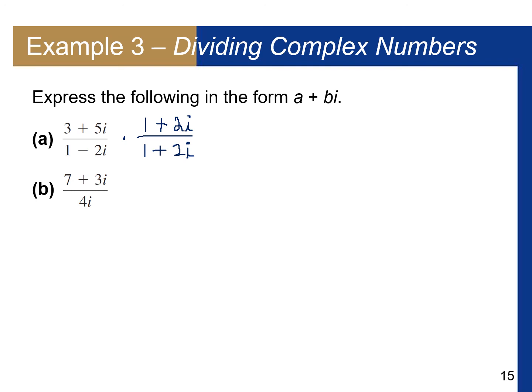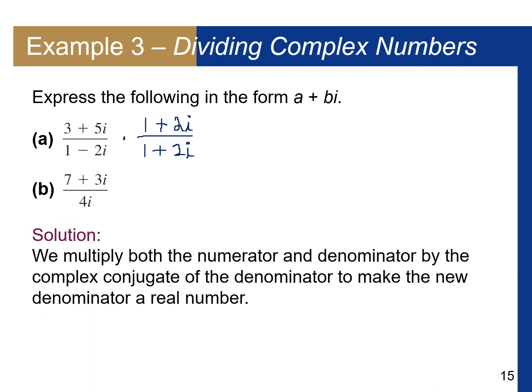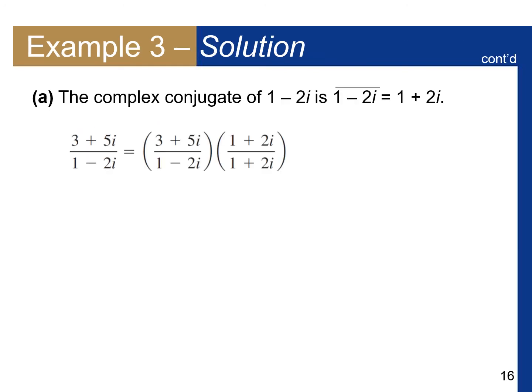So now when I'm multiplying this, I'm going to FOIL through the top, and then on the bottom, remember it turns into a difference of squares. So let's take a look at what happens. Here I'm multiplying the top and bottom by the conjugate, like I showed you on a previous page.